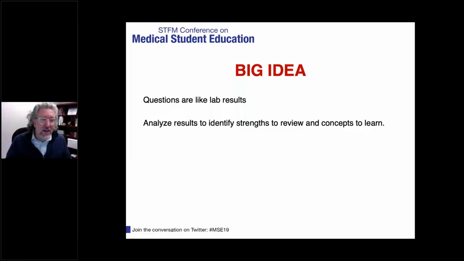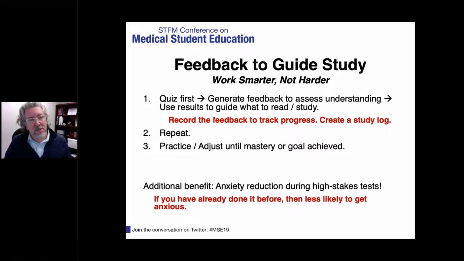We do them to identify our strengths that we need to review and to identify concepts that we still have to learn. In other words, we do practice problems not to do practice problems, but rather we do practice problems to direct what we're going to study next.